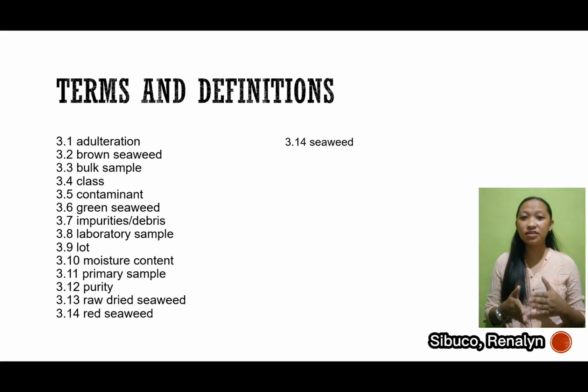For laboratory sample quantity, seaweed removed from the bulk sample intended for analysis or other examinations.